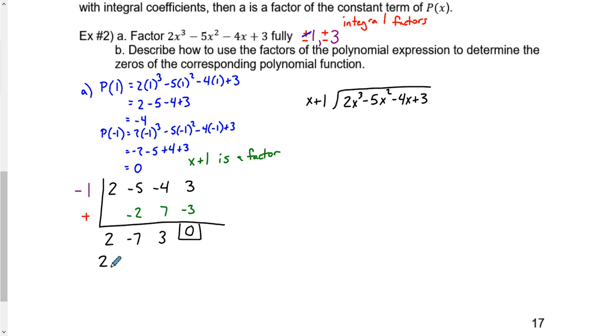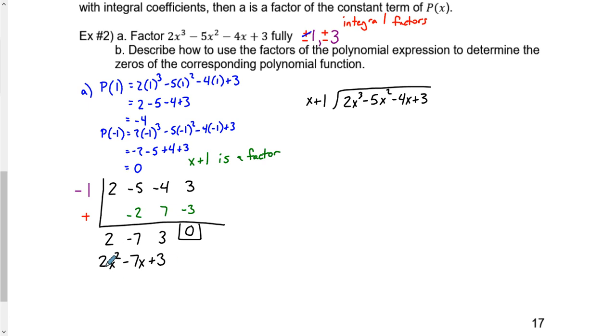So this right here, we start at that x cubed, we're going to drop a power: 2x squared minus 7x plus 3. So we factored out that x plus 1 already. We have a 2x squared minus 7x plus 3.